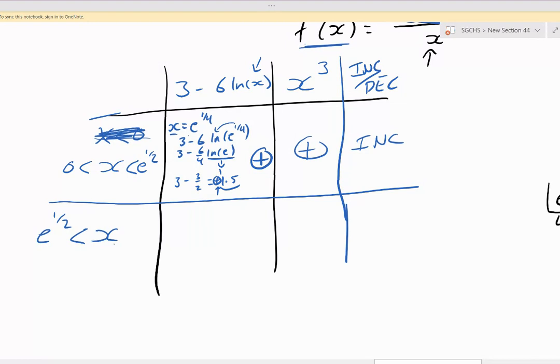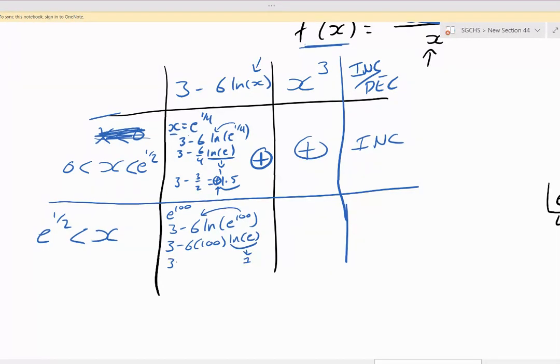Now what's a number that's greater than e to the 1/2? Well, we could use really any number. I'm going to use e to the power of 100. So 3 minus 6 natural log e to the power of 100. I'll take out that 100, and now I'm going to get 6 times 100. And then remember, ln e is just simply 1.